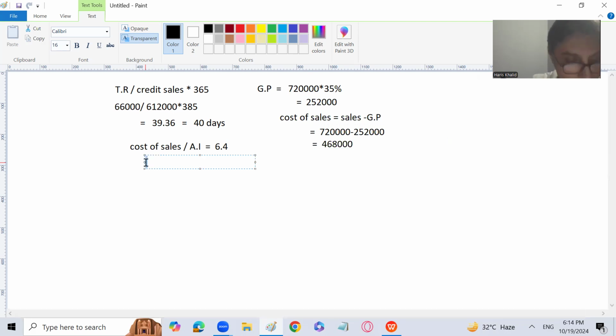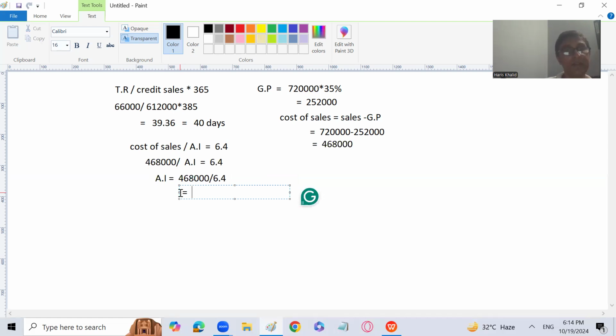Now I can write over here, cost of sales is 4,68,000 divided by average inventory. I don't know it, it's not given. And the inventory turnover is 6.4 times. So average inventory will move to the right side. Then we can say that average inventory is equal to 468,000 divided by 6.4. Let's see the question again. Okay, right? So now let's do the calculation of 468,000 divided by 6.4.